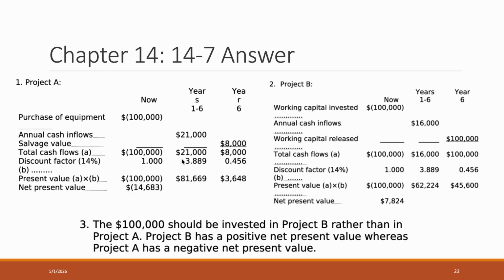So year 1, discount the 21,000. Then year 2, year 3, year 4, year 5, and year 6. If you add up all those PV table values, they'll sum for years 1 through 6 to 3.889, and you can use that as your discount factor to figure out how much that $21,000 is going to be worth in 6 years at a present value.